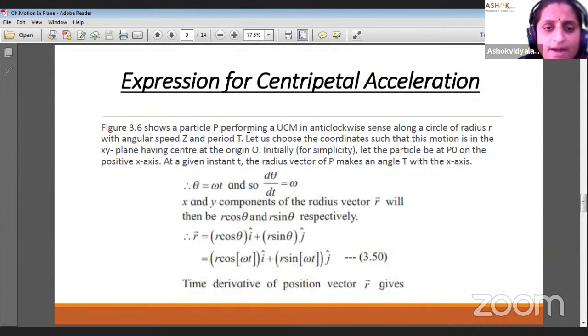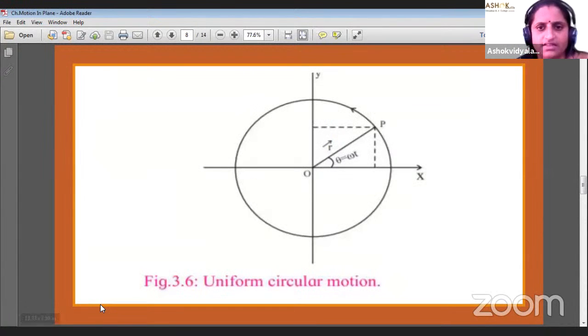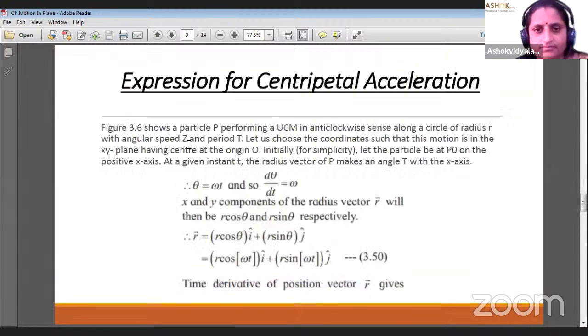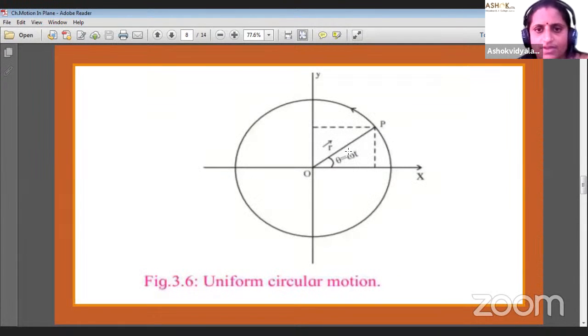Now see, a particle performing uniform circular motion in the anticlockwise sense along a circle of radius r, with angular speed omega and period T. Let us choose the coordinates such that the motion is in the xy plane, with the center at origin O. See in this picture, let the particle be at P0 on the positive x-axis.